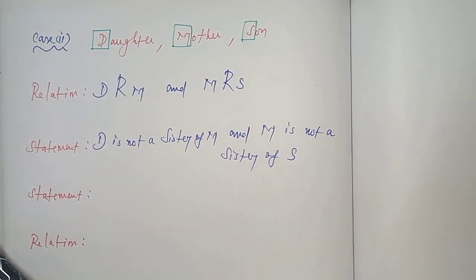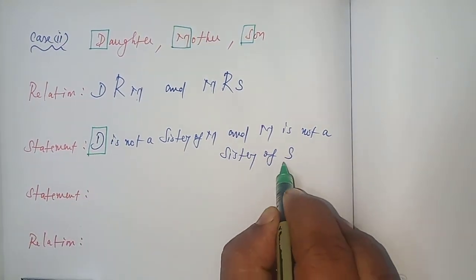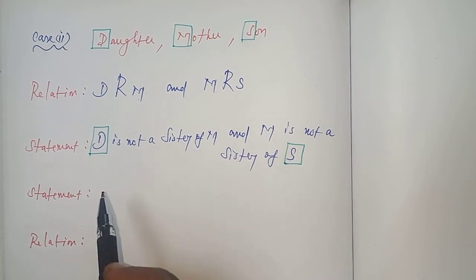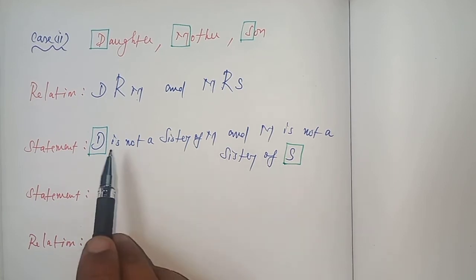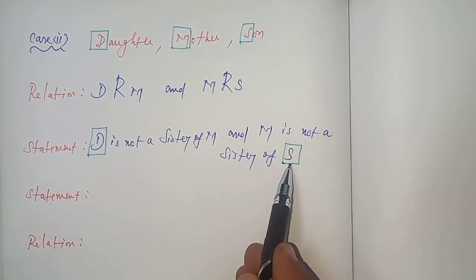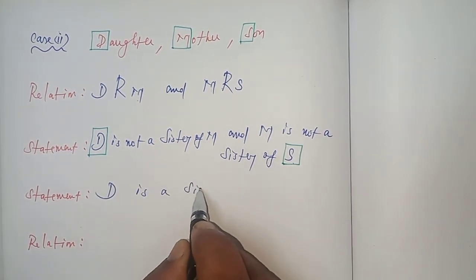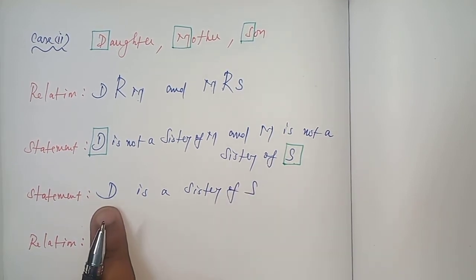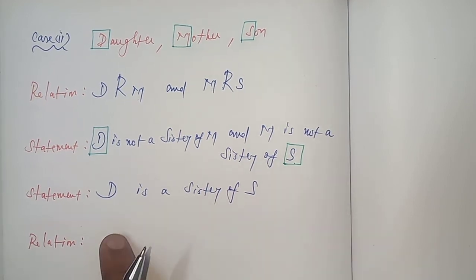Now here the starting one is D and the ending one is S. So you have to write D and S. You have to compare D and S. Is D a sister of S or not a sister of S? Absolutely a sister only. D refers to daughter. Daughter is a sister of son for the parents, correct?